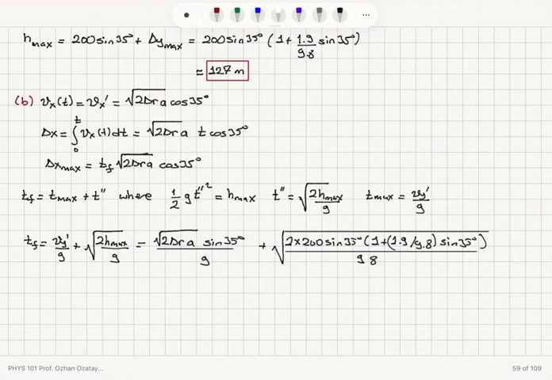Okay, and this is going to become the square root of 400 times 1.9 times sine 35 over 9.8 plus this quantity.